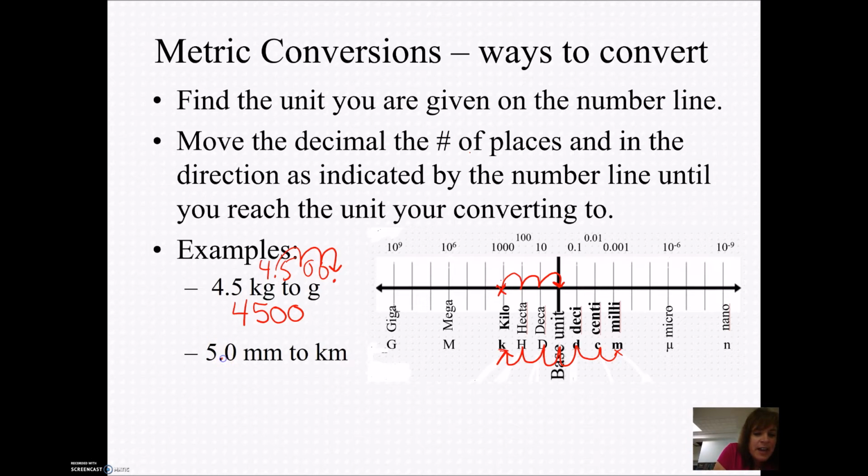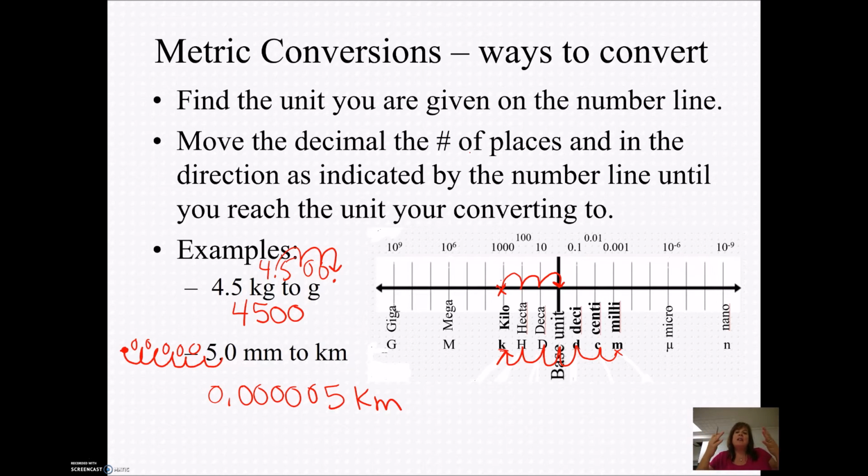All right, let's do that. 1, 2, 3, 4, 5, 6 places to the left. Fill the rest in with zeros. And what do we get there? We get 0.00005 kilometers in 5 millimeters. Woo, that's a tiny number.